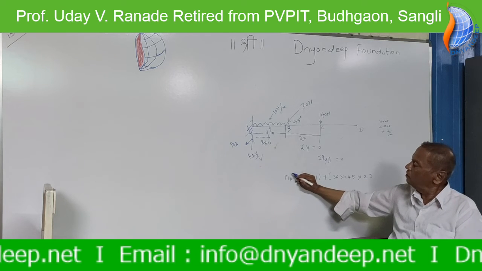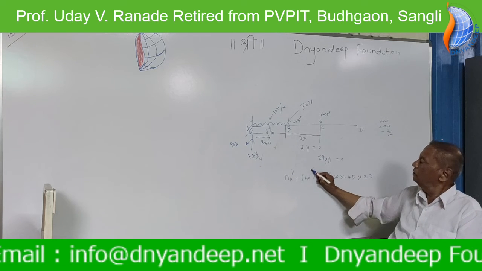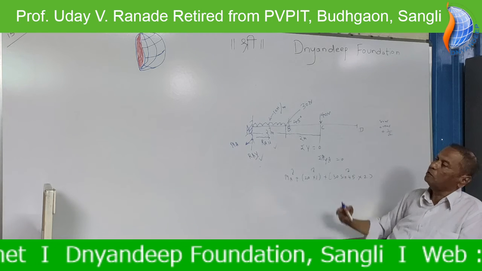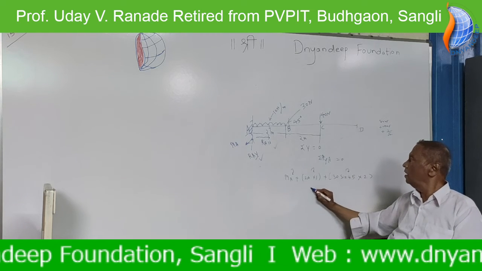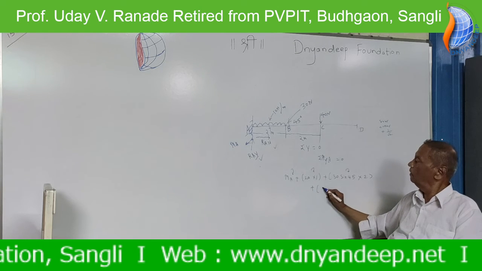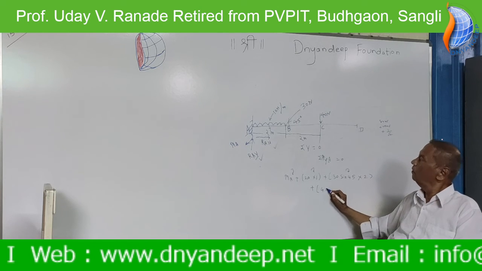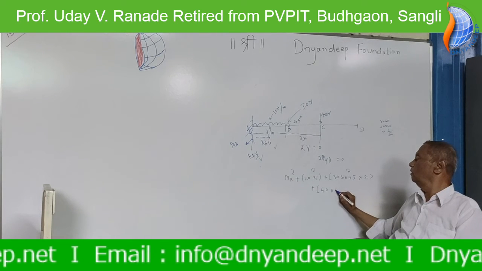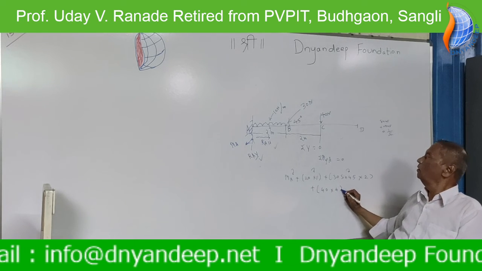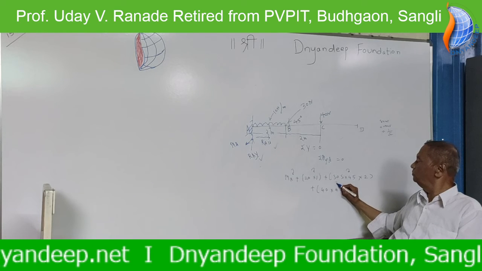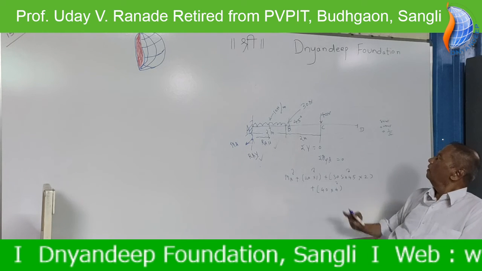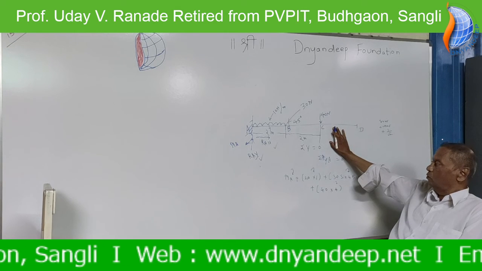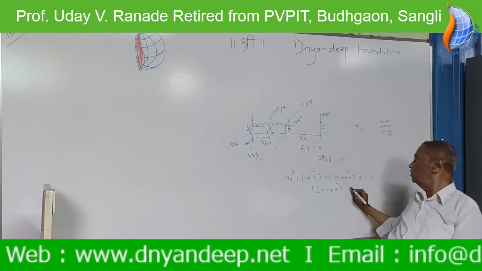And what is its sign? This sign is positive. Now what is the moment of 40? Again plus 40 into what is the distance? 4. This moment also is positive. There is no load on this part CD, so no question of moment, equal to 0.